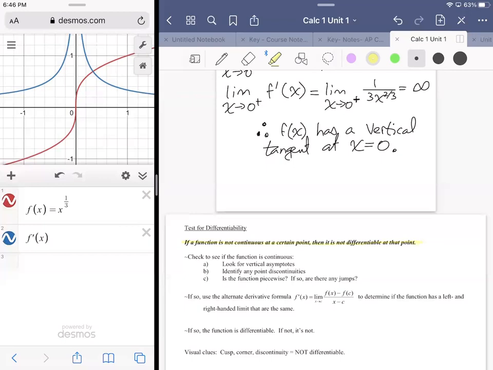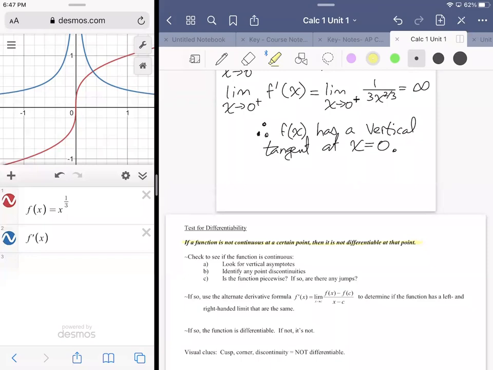So that's a good first step in determining differentiability. Differentiability, and I mentioned this last time, is another way of saying derivativable. As in, can you find the derivative of it? Yes, in terms of x, but does that derivative have any kind of reasonable meaning at the point that you're looking at?